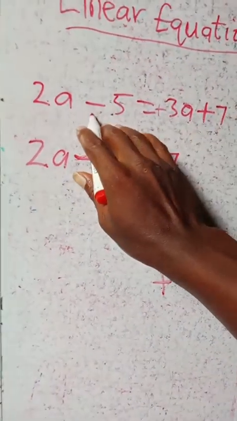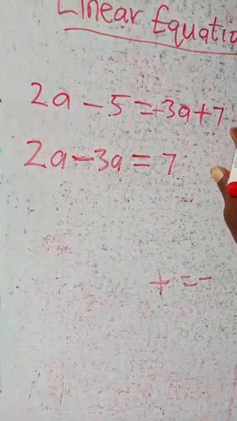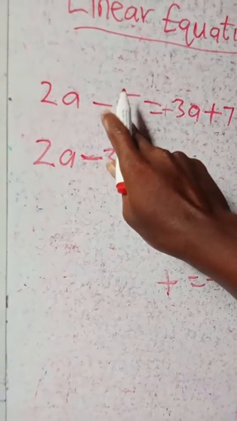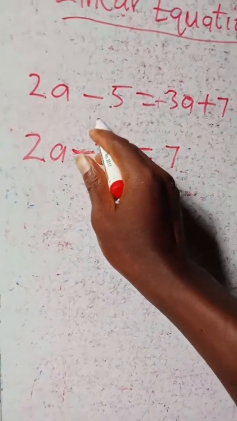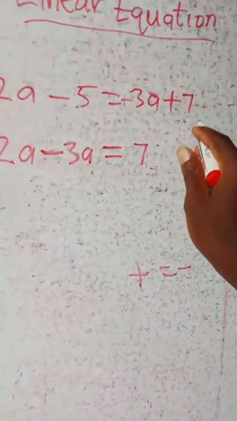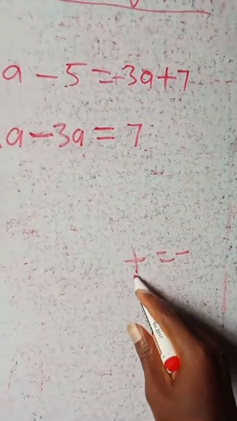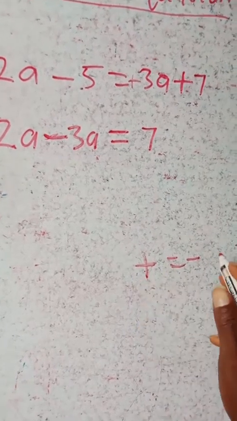So we will also transfer minus 5 to the other side. When we transfer it, it is minus 5, it is not 5. So if minus 5 crosses to the other side, I told us the rule: if it is minus and it is crossing, it changes to plus. If it is plus and it is crossing, it changes to minus.